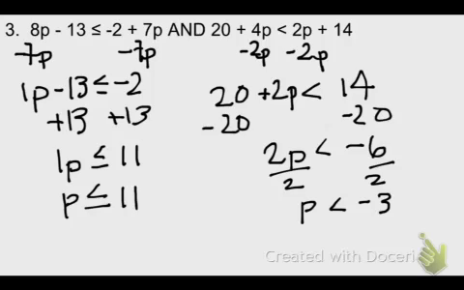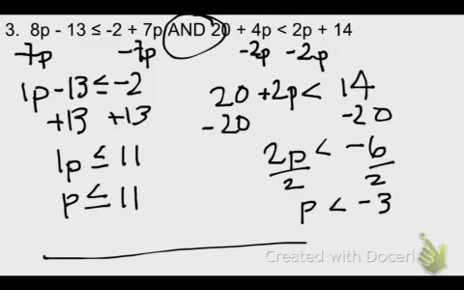So what I need to do right now is put together a number line, and I need to shade the areas of double overlap, again because it's an and compound inequality, of all the values that are less than or equal to 11 and the values that are less than negative 3. Remember, my solution area is only the area that's double overlapped.